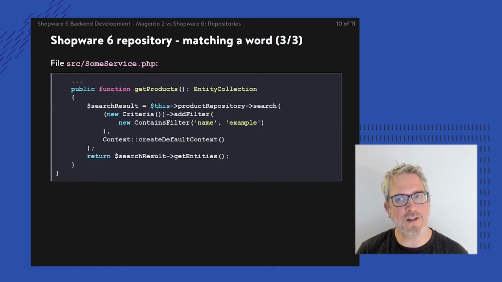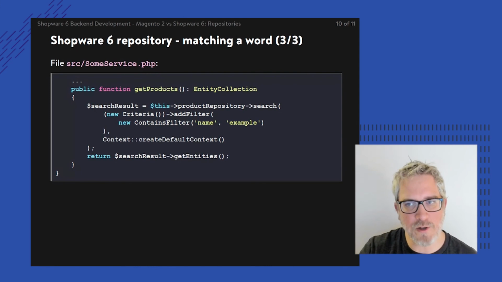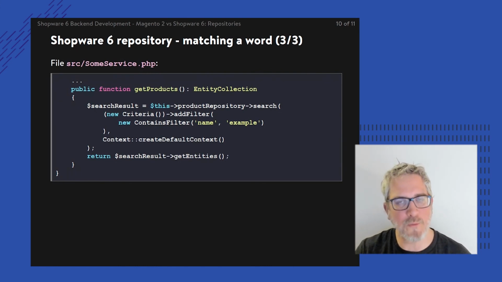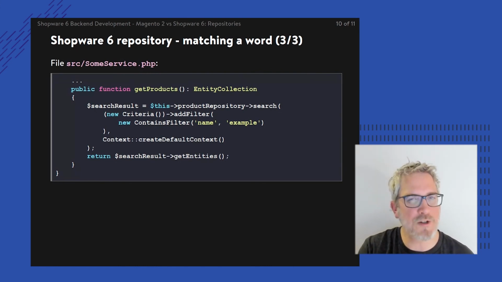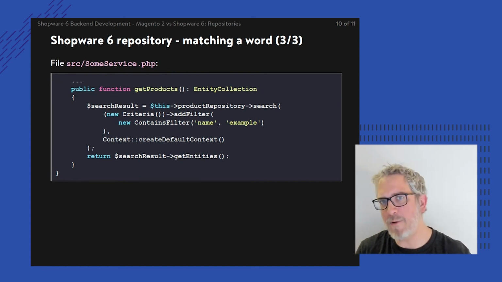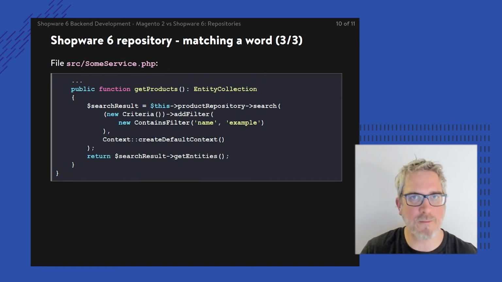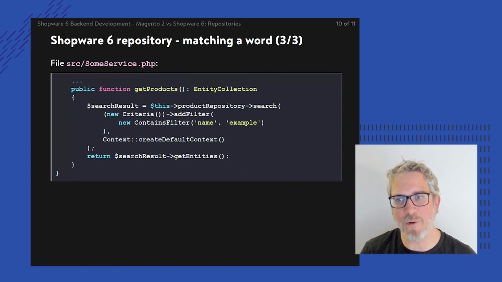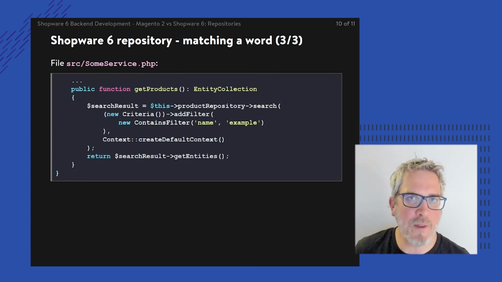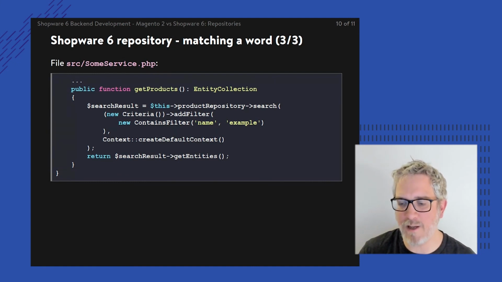The bottom line is that this search bit for multiple products is not that much different from the search bit that we needed to do to fetch a specific customer by its UUID from the database. And that's maybe the main point that I want to make in this lesson.